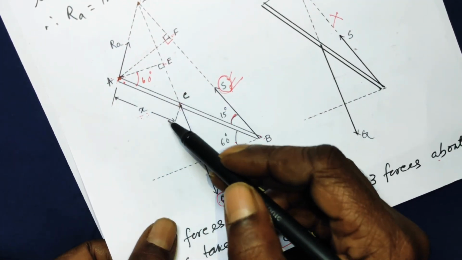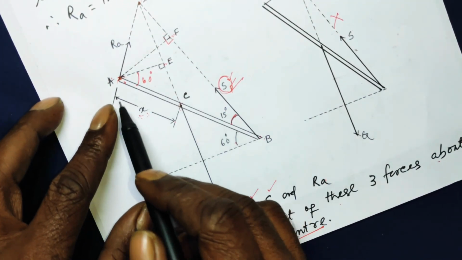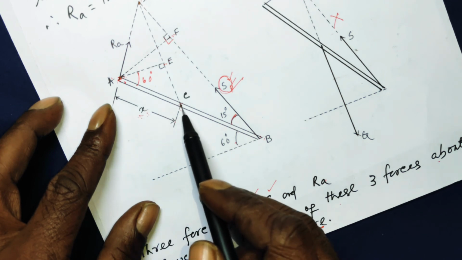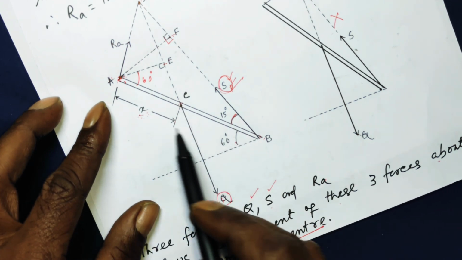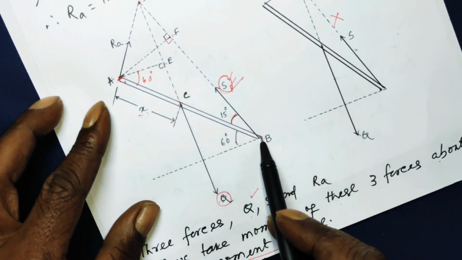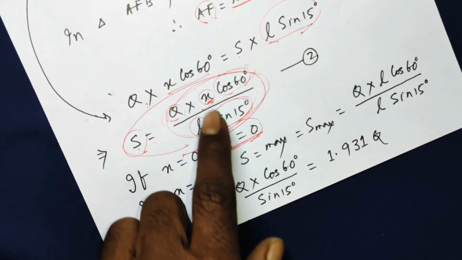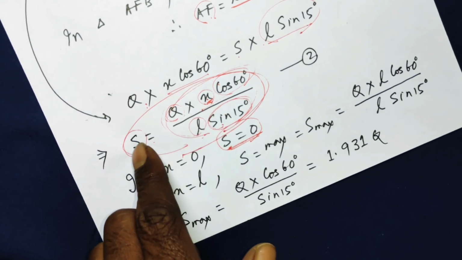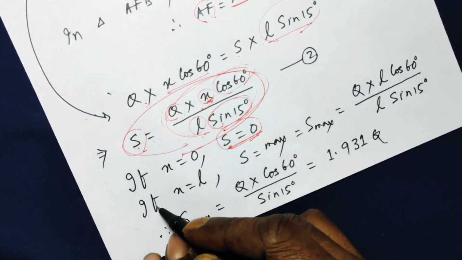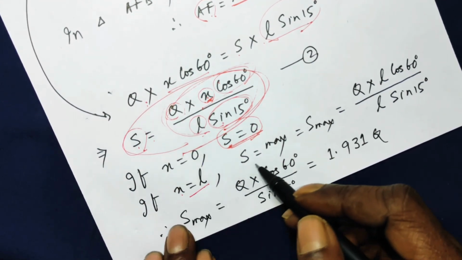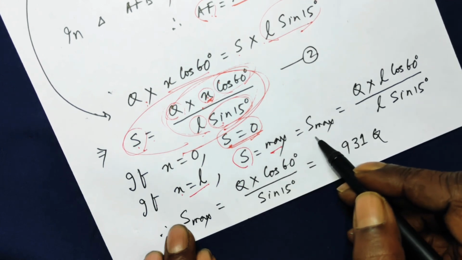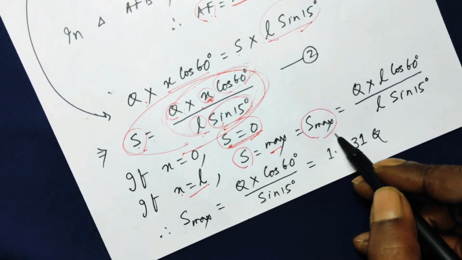If you look at the diagram, X starts from here. So if this point is equal to here, then X is maximum. So the maximum value of X is equal to L. So in this fraction, if X is maximum, S will be maximum. Let it be represented as S max.